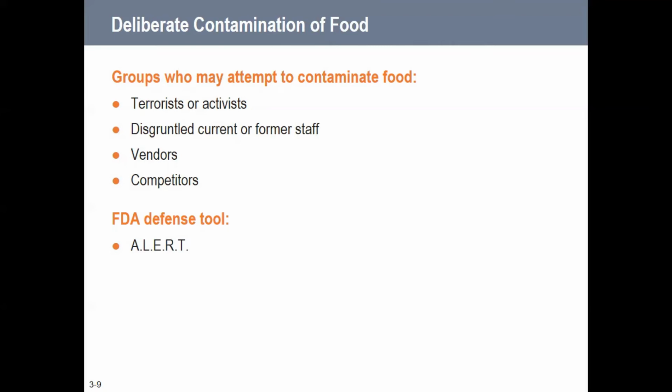Vendors, I would hope not, but if you've upset your vendors, maybe they're going to do something to contaminate the food and get you shut down. But it's kind of self-defeating if I was thinking about it, but it could happen anywhere, or even competitors. My goodness, I hope a competitor would not come in and try to on purpose make people sick at your establishment. But when people get desperate, you never know what people may do when it comes to some of those things.